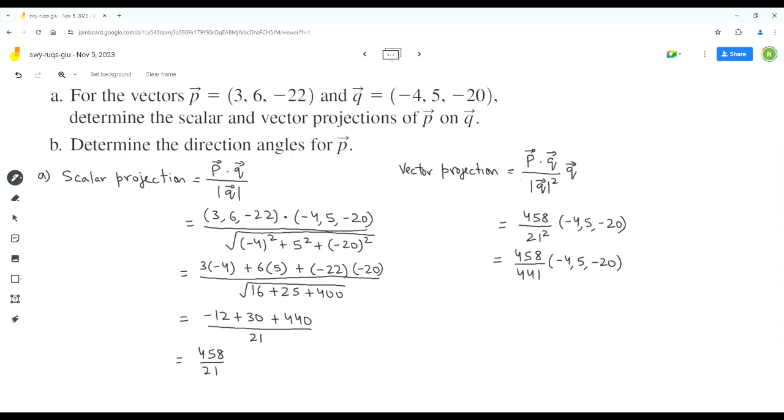So this is the vector projection for vector P on Q.